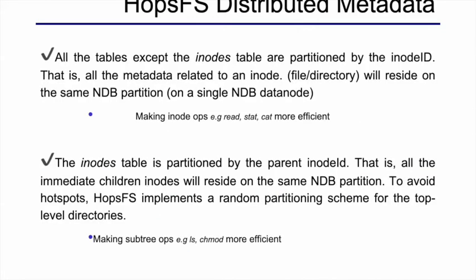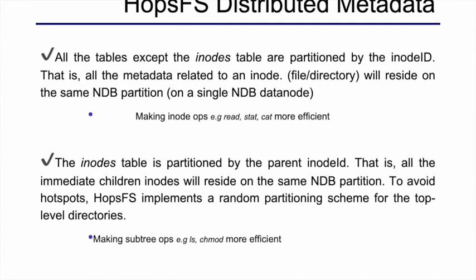In the HopsFS partitioning scheme, all the tables except the inodes table are partitioned by the inode ID. That is, all the metadata related to an inode, whether it's a file or a directory, will reside on the same NDB partition.